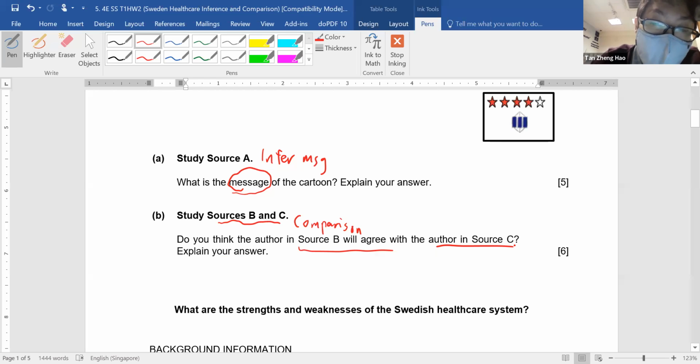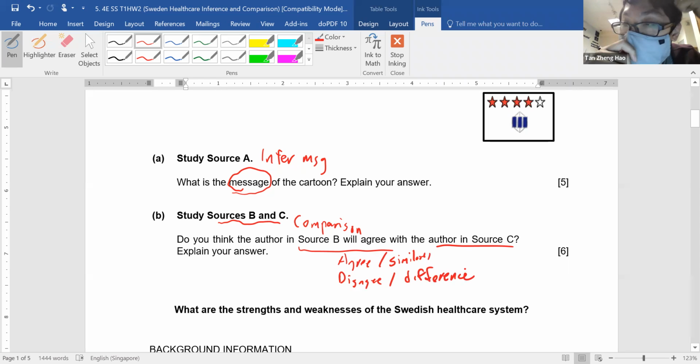Basically, if they agree, it is a similarity. If they disagree, it is a difference. I think I told some of you already, the comparison question, sometimes they would phrase it as how similar are source B and C, or how different are source B and C. Sometimes they may change the phrasing a bit, and your job is to identify that it is really just another way of asking a comparison question.